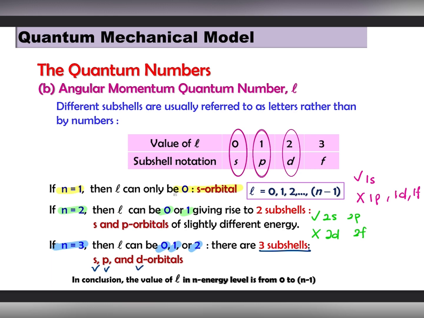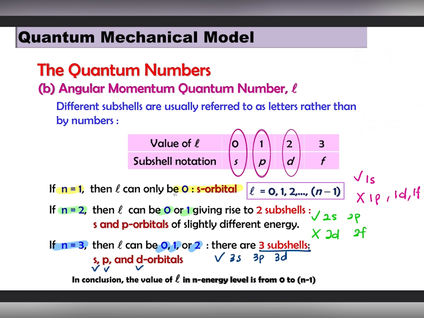So maksudnya if N equals 3, yang boleh wujud adalah 3S, 3P dan 3D. Okay, so dia relate balik kepada coding ini tadi, value of L. So if my style, Miss akan tulis lah 0, 1, 2, 3, S, P, D, F. Saya pun dah fed up.